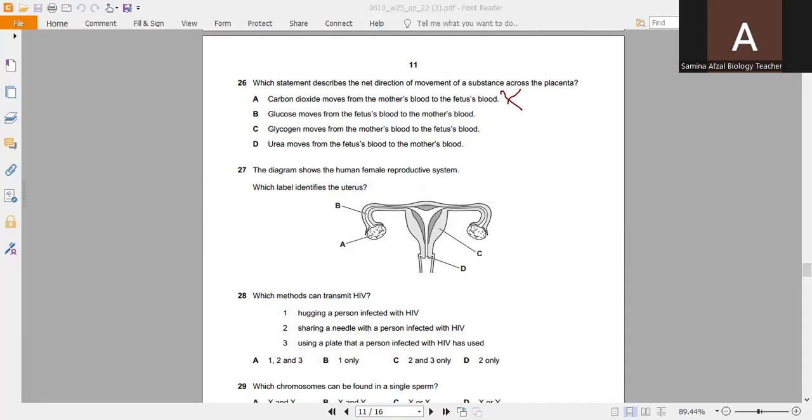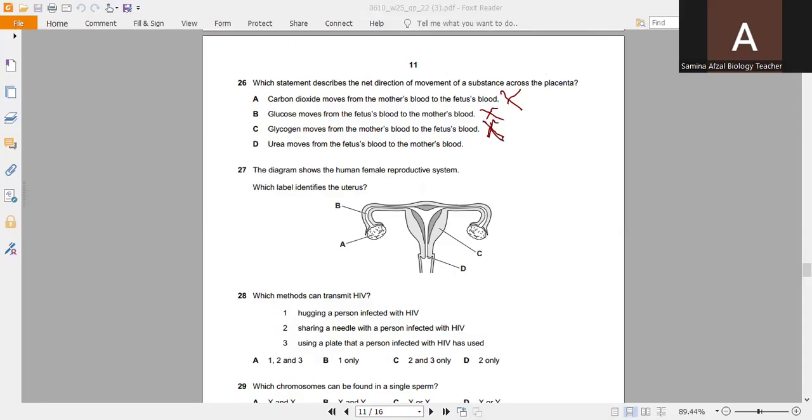Glycogen is a large insoluble storage molecule and does not cross the placenta at all, so it will not move. Glycogen and glucose, see again, because they are from the mother, it will not cross.